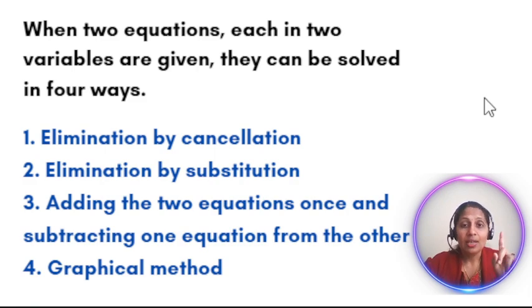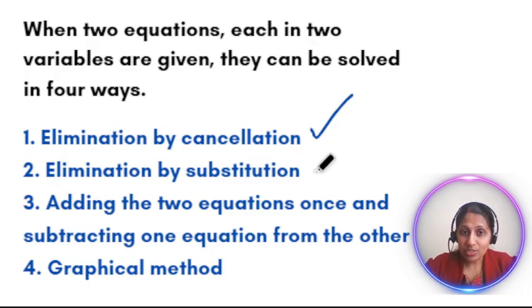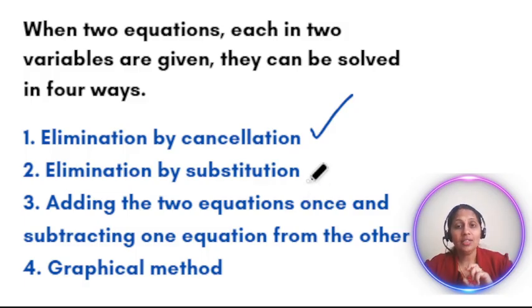What are they? Elimination by cancellation, elimination by substitution, adding 2 equations once, and then subtracting the one equation from the other. And the last method is the graphical method, where we will be using a graph and drawing the line to find the solution.